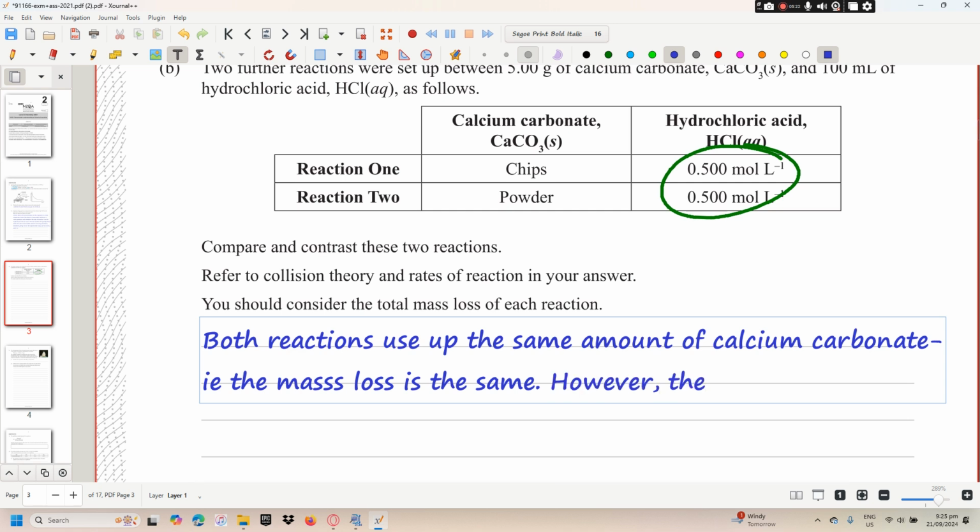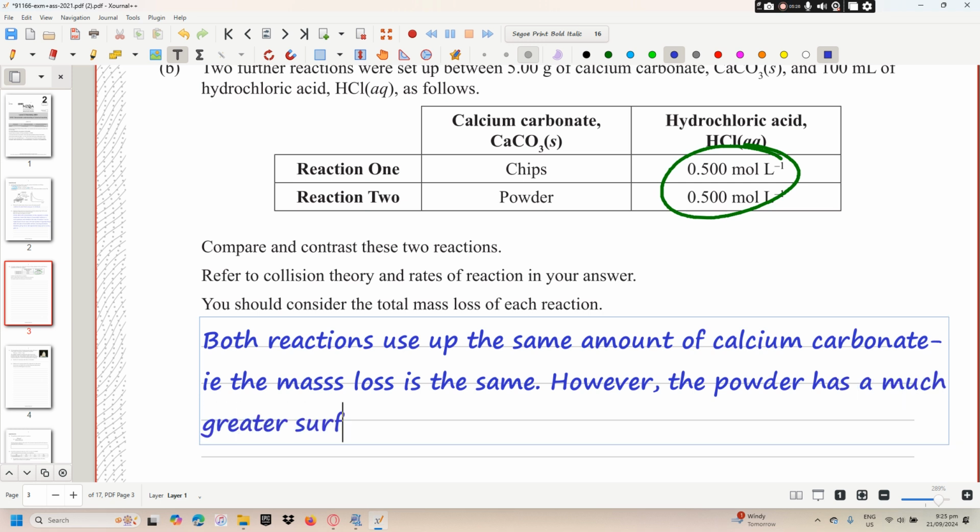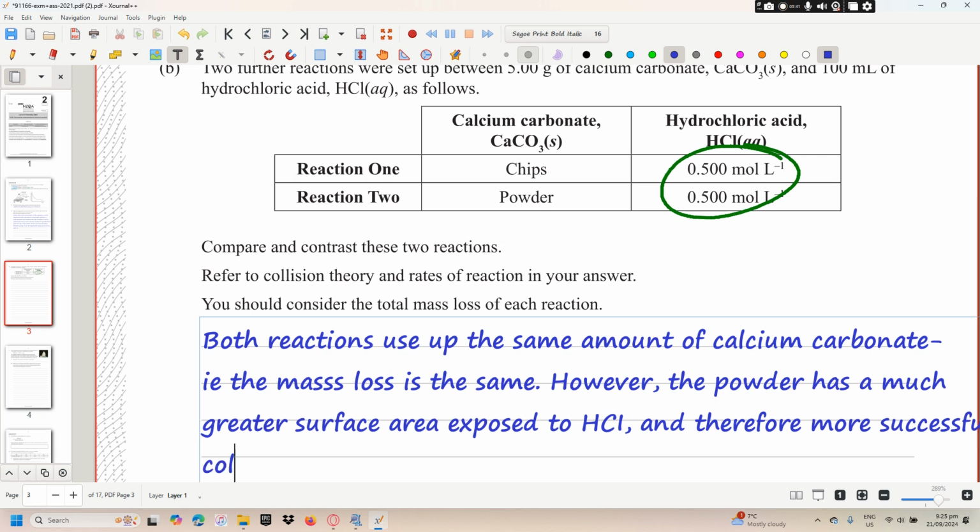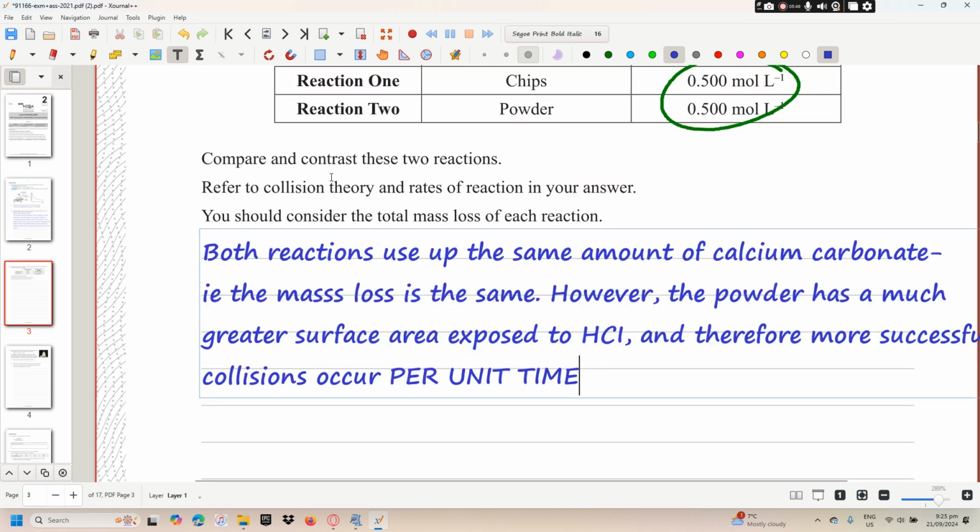However, the powder has a much greater surface area exposed to HCl, and therefore more successful collisions occur per unit time. I didn't say that in the last one, so some marking schedules want you to say that.